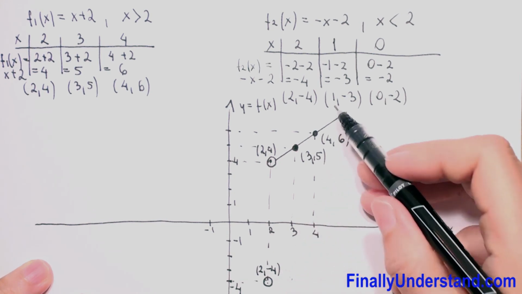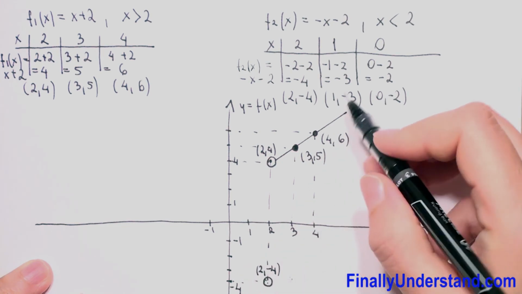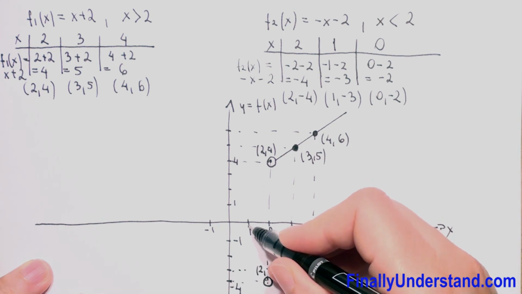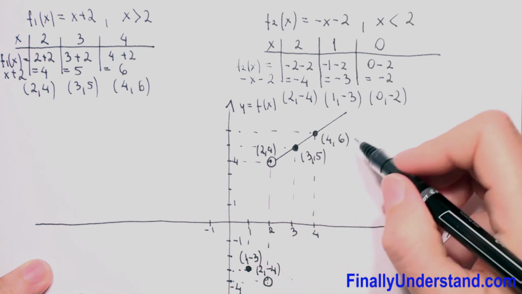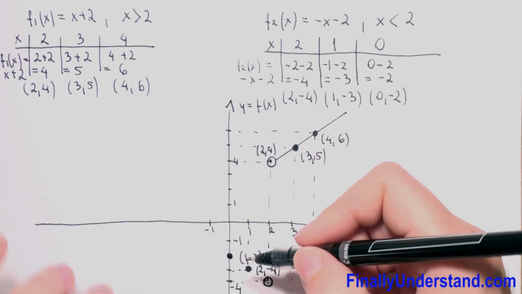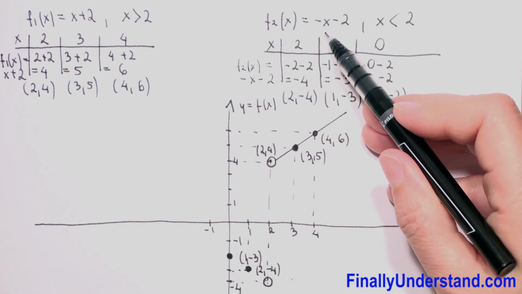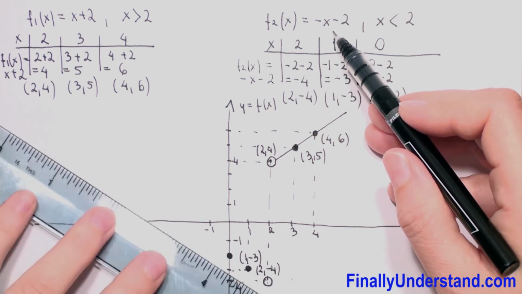Next point is (1, negative 3), and the third is (0, negative 2). And again, because our function is a linear function, the graph will be a straight line.